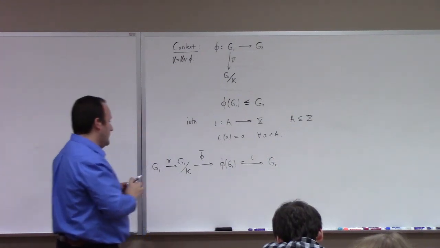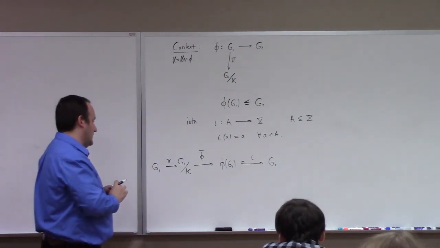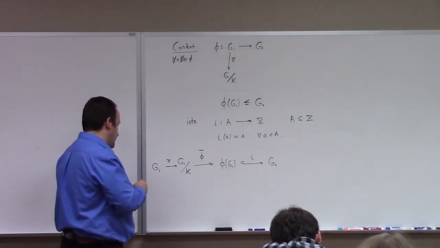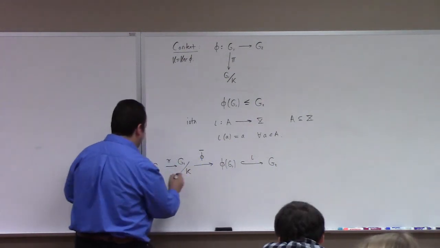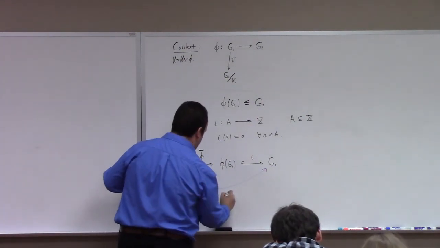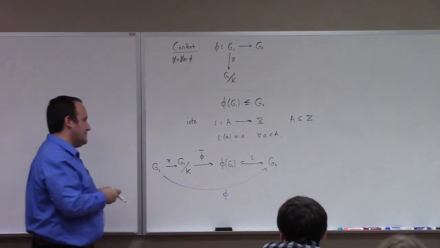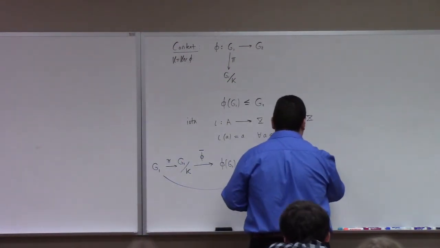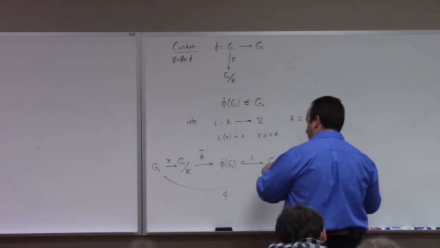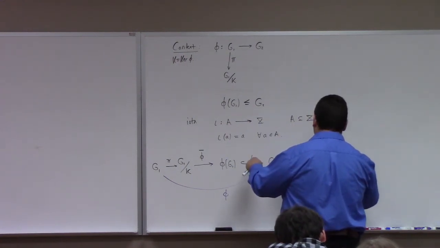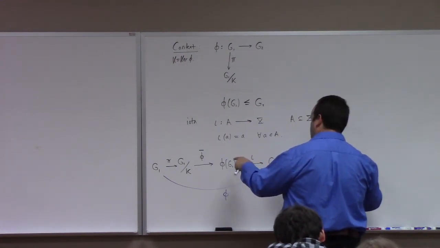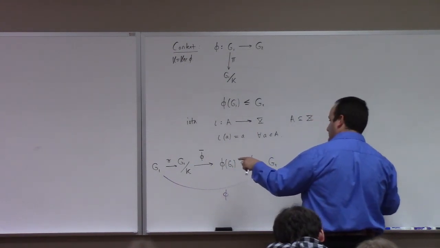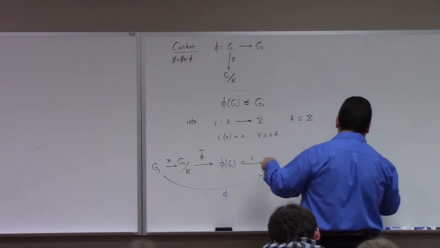So in total, this thing is our original phi. So that's the relation between phi bar and phi. It's like phi is equal to iota composed with phi bar composed with pi.